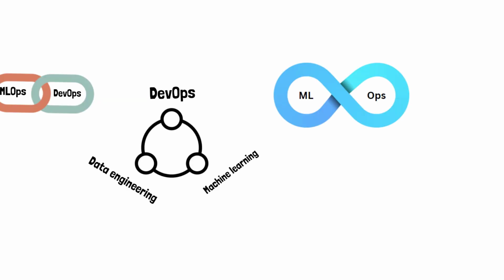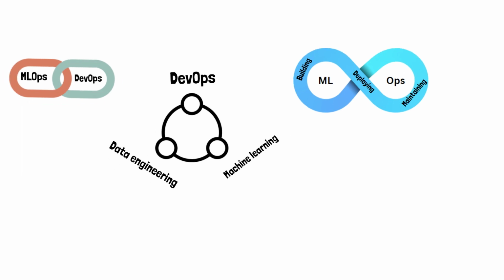Now you may be thinking, MLOps and DevOps kind of seem related. Well, kind of. MLOps actually originated from DevOps. It is a method of applying DevOps practices to machine learning. It combines data engineering, machine learning, and DevOps with the goal of reliably and efficiently building, deploying, and maintaining ML systems in production.